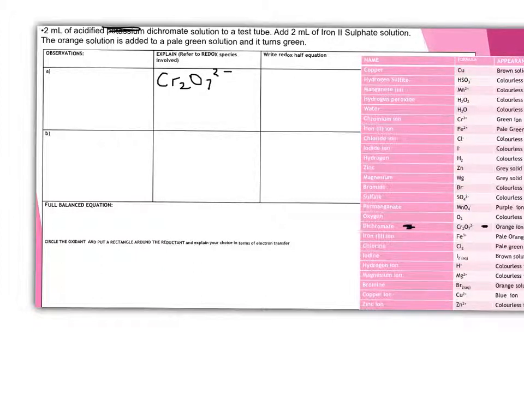Now you've got to look down this list to see what could dichromate possibly turn into. It's got chromium in it. Look at the element that's not oxygen and hydrogen with these tricky ones. What isn't oxygen, what isn't hydrogen is chromium. So down this list looking for what has got chromium in it, the only choice on the list is Cr3+.